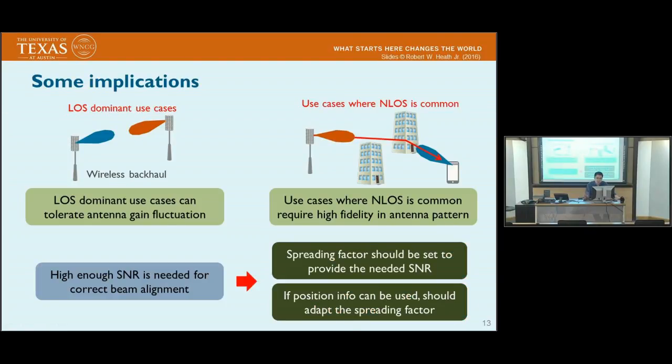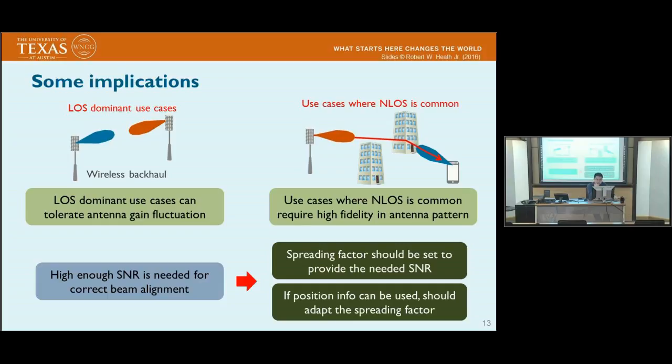So some of the implications that we can obtain from this study is that the line of sight channel is more limited by the measurement noise, and in the non-line of sight case, it is more limited by the antenna gain fluctuations.